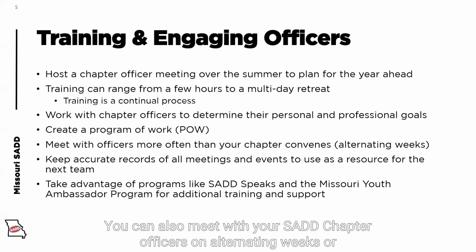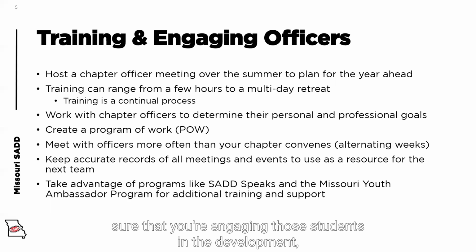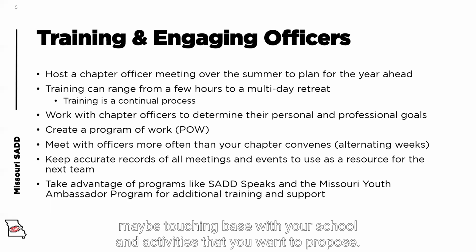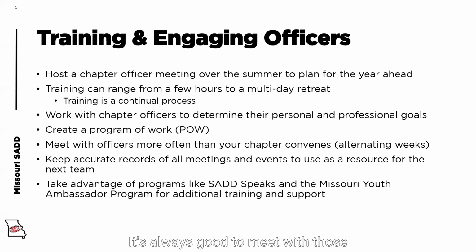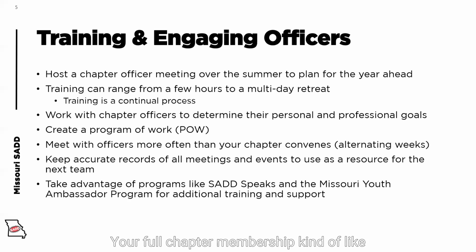You can also meet with your SADD chapter officers on alternating weeks or alternating months, whatever it is from your meetings, to make sure that you're engaging those students in the development, checking in on the program of work, planning meeting agendas, maybe touching base with your school on activities that you want to propose. It's always good to meet with those officers maybe more frequently than you do your full chapter membership.